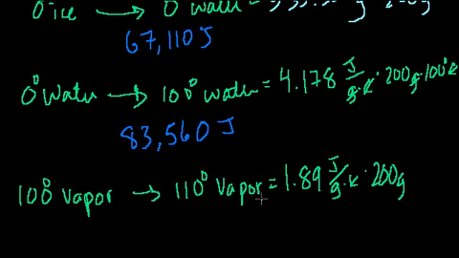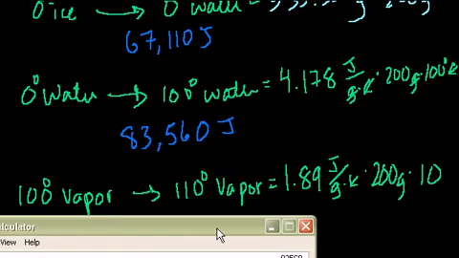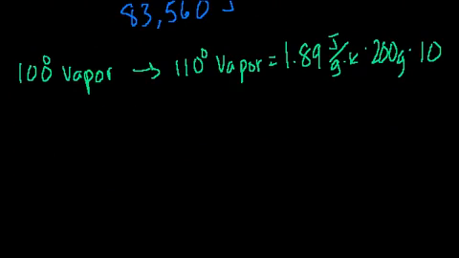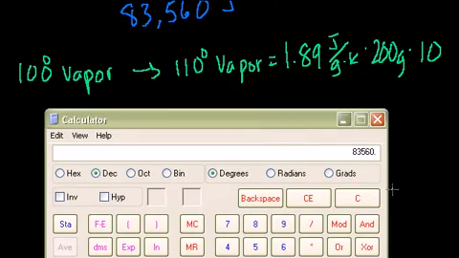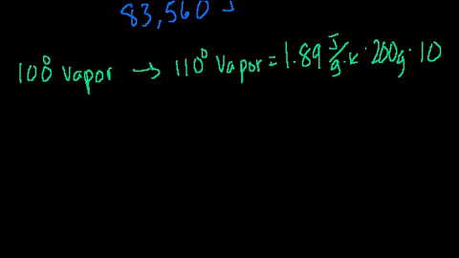We're not adding or taking away mass from the system. Times the temperature change, times 10. So what is that? Let me get the calculator out again. So we're dealing with a 10-degree change, 10 degrees Celsius, times 200, times 1.89 is equal to 3,780.